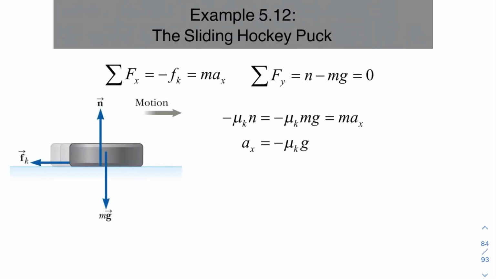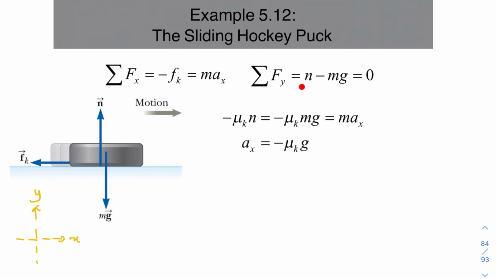So summation of Fx equivalent to ma, but the only force that exists along x is the Fk. Negative of Fk because it's pointing to the left, according to our axis setting here, to the right as positive x, upward as positive y. So that is why you put a negative sign here, equivalent to m ax.